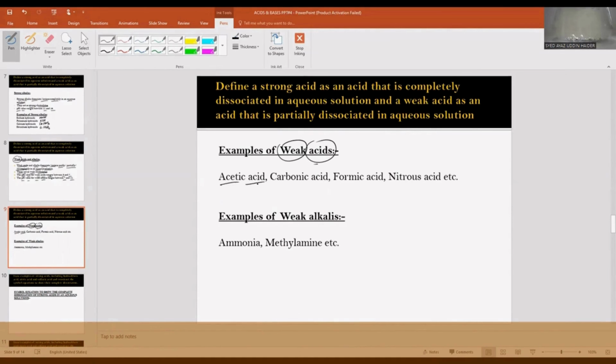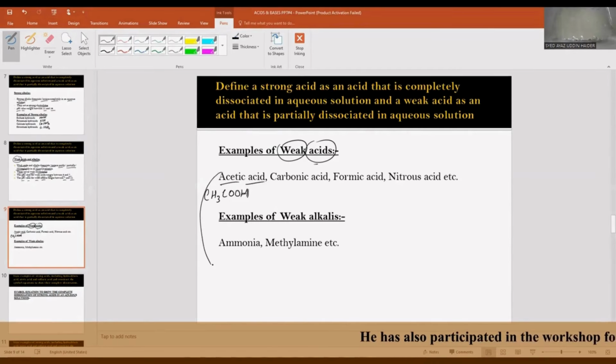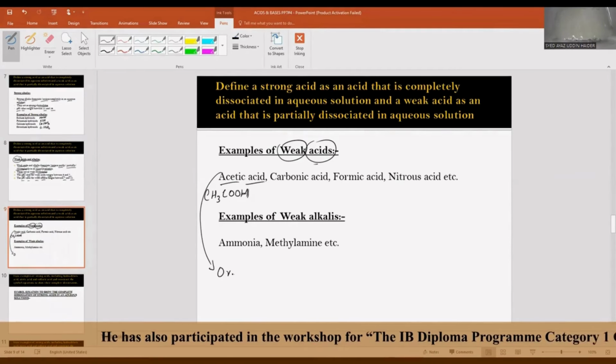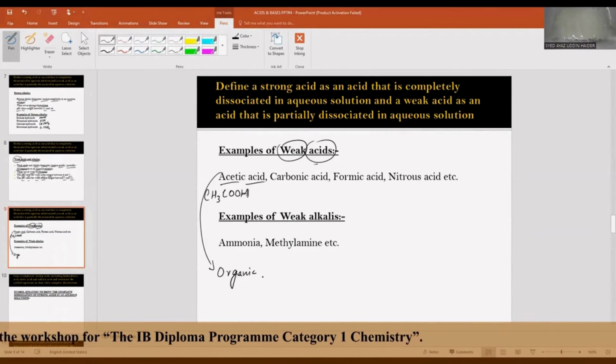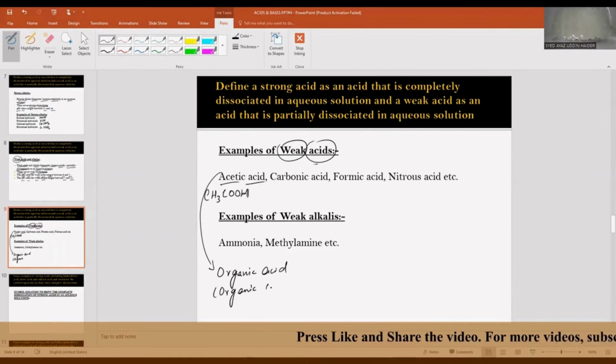Acetic acid, it's an organic acid. The formula will be CH3COOH. What are organic acids? Organic acids are organic compounds. And what are organic compounds?